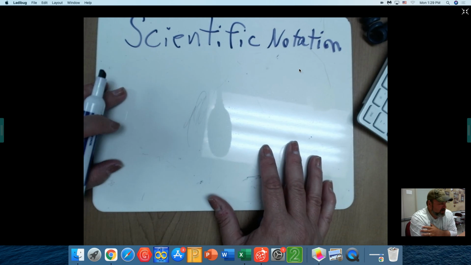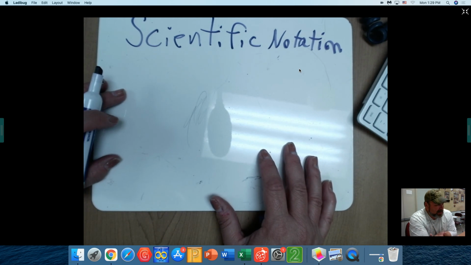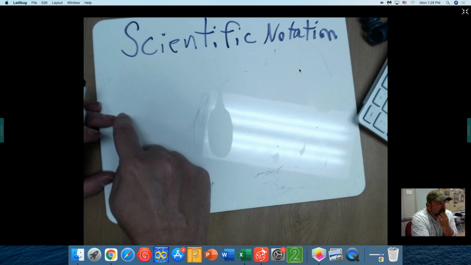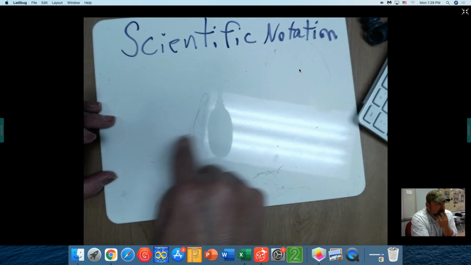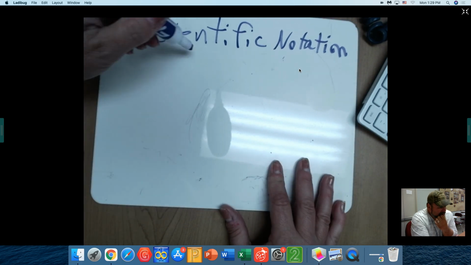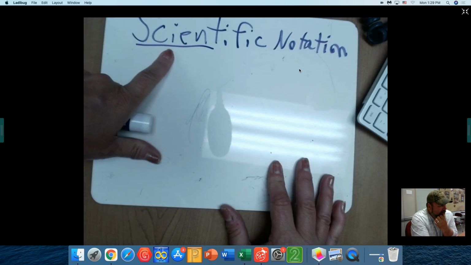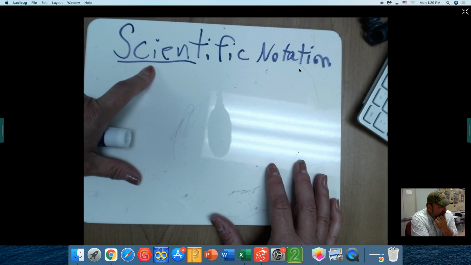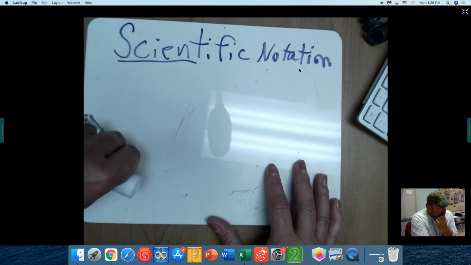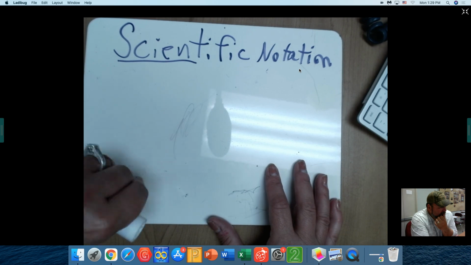Okay. All right. So, Miss Powell, how does scientific notation help us write these really, really big numbers or really, really small numbers? Well, sometimes a number can have like 5,000 digits. And this is going to be a shorter way of writing it. And where you'd use this would be in science. You can either go out in space and the numbers be astronomically large, or you can go inside your body and it be microscopically small.